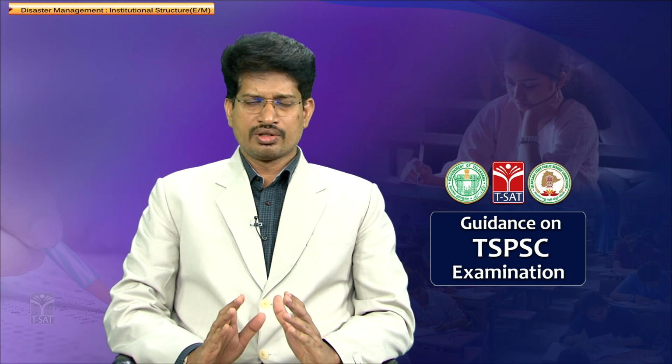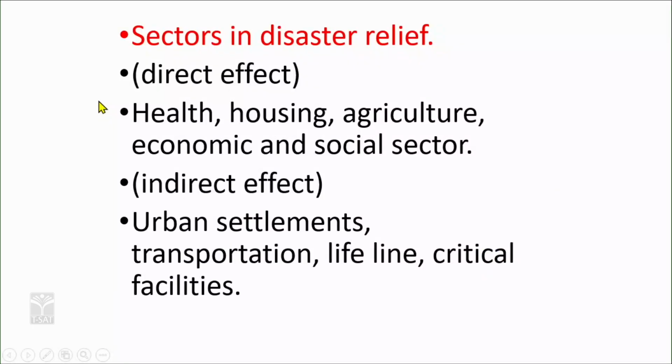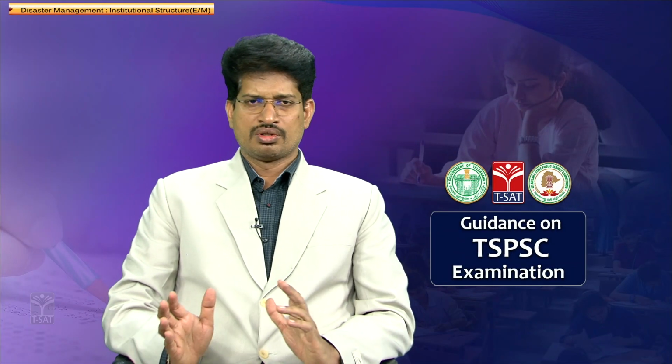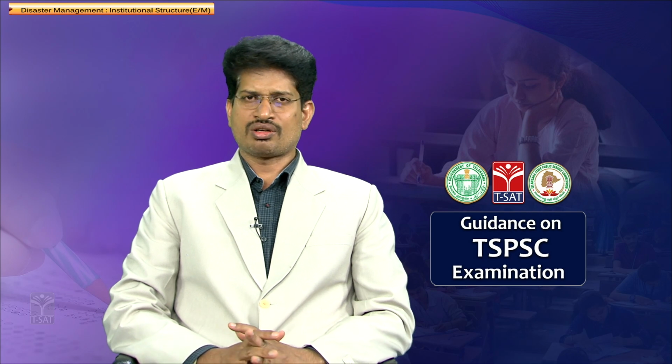So, these are direct sectors: health, housing, agriculture, economic activities in terms of jobs, and the social sector, meaning in terms of society, family is a social sector. These have a direct impact on us.